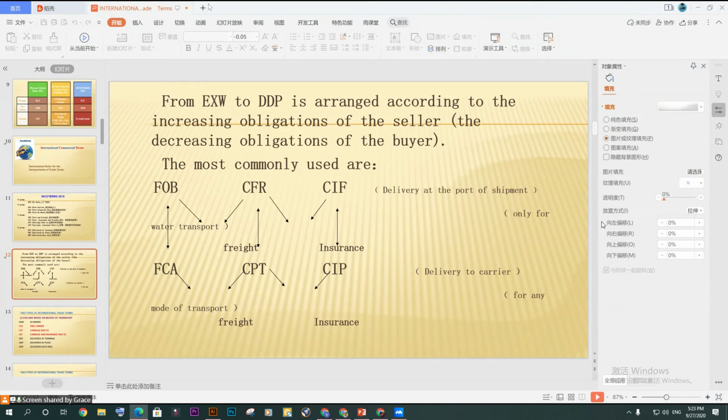Okay, the first one is the seller's risks, obligations, and costs. I will give you all of this, and you can read it yourself.